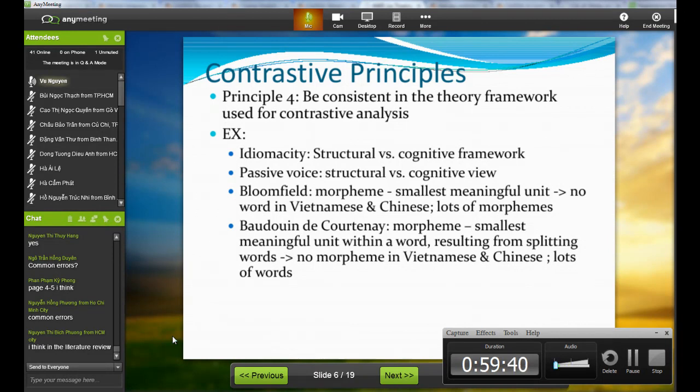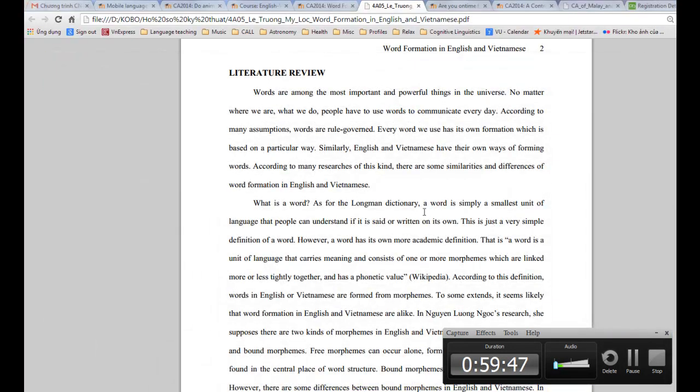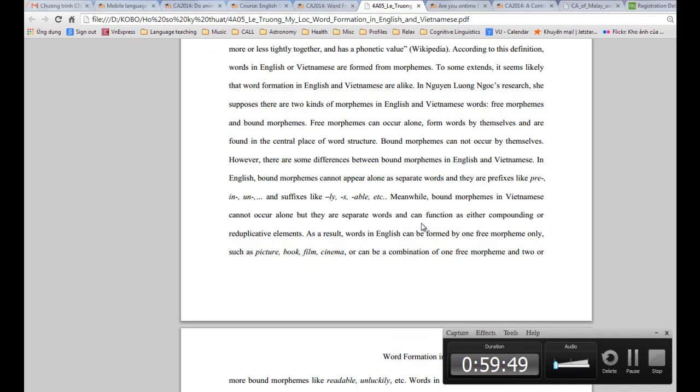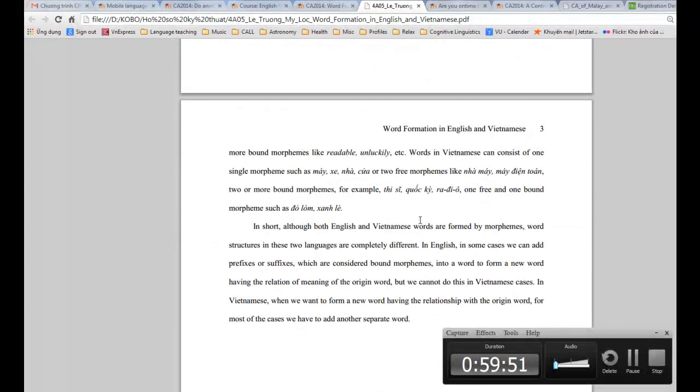So she says that, for example, let's say if we go back to page 3, she says that words in Vietnamese can be a single morpheme, can be two free morphemes like nhà máy.